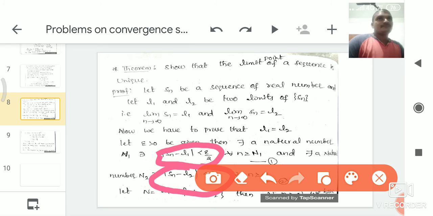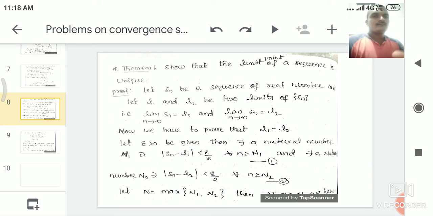By the definition of convergent sequence, mod Sn minus L1 is less than epsilon by 2 for every n greater than or equal to n1, and mod Sn minus L2 is less than epsilon by 2 for all n greater than or equal to n2.